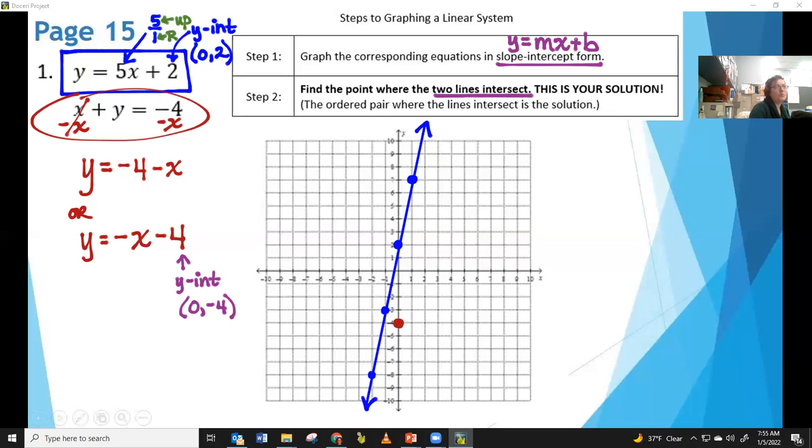What is my slope? -1/1. Yes. This right here, -1/1 is our slope. So I have my rise. I have my run. Am I going up or down for the rise part?